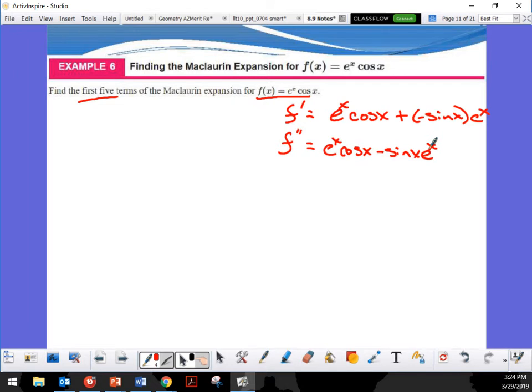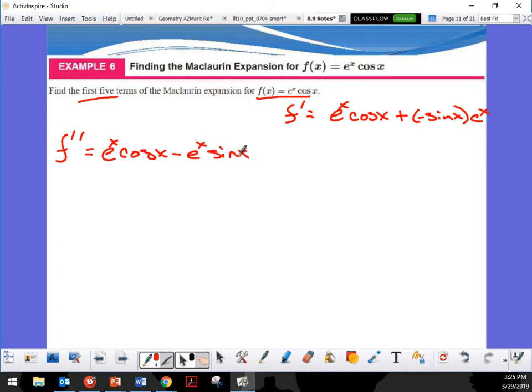And so that's just his first term plus, what's the next term? So it's going to be, oh man, I need more room. I'm going to redo this one. So the first one was easy. Second one, f double prime is going to be e to the x cosine of x minus e to the x sine of x.